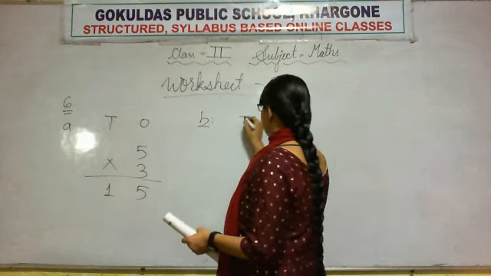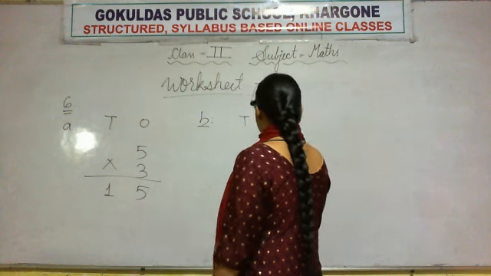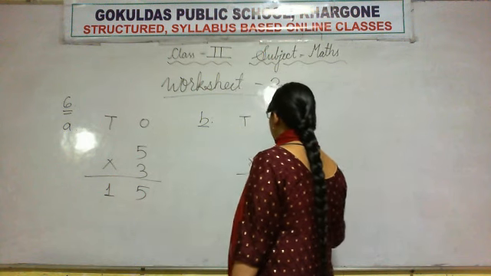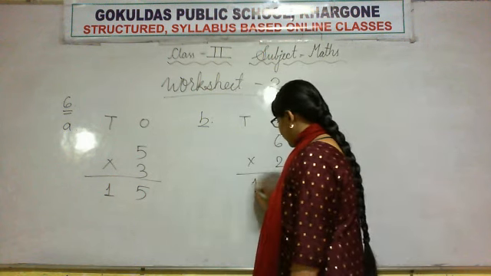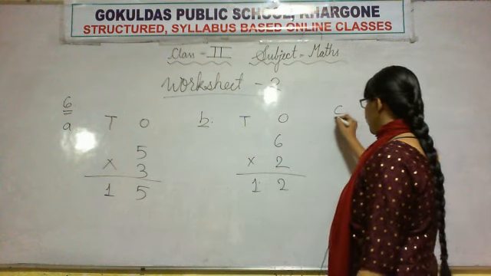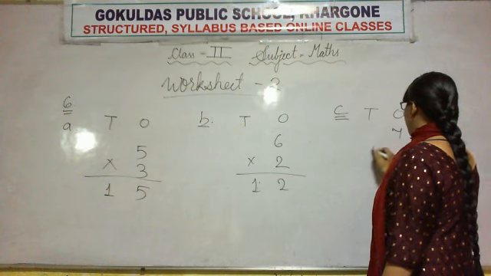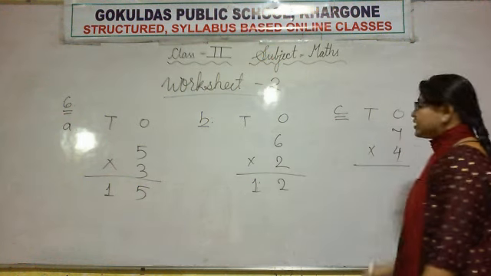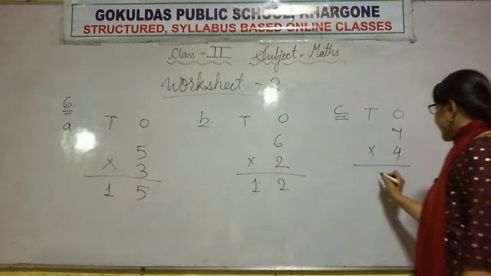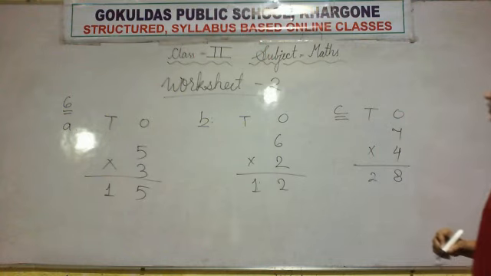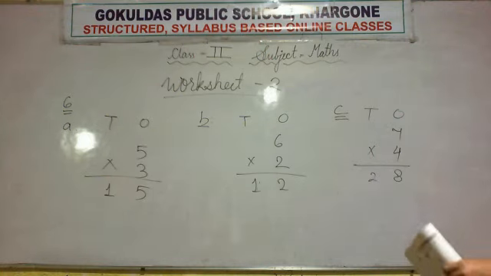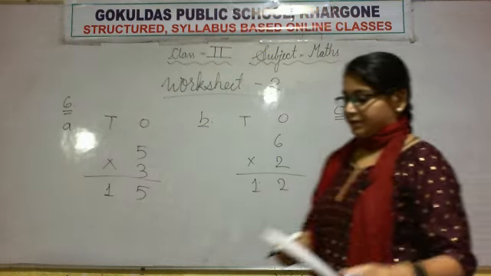The next one is 6 into 2. So 2 6s are 12. The next question is 7 into 4. So 4 7s are 28. So the answer of A is 15, answer of B is 12, answer of C is 28.